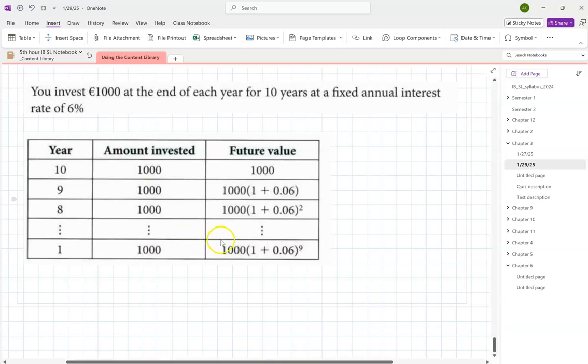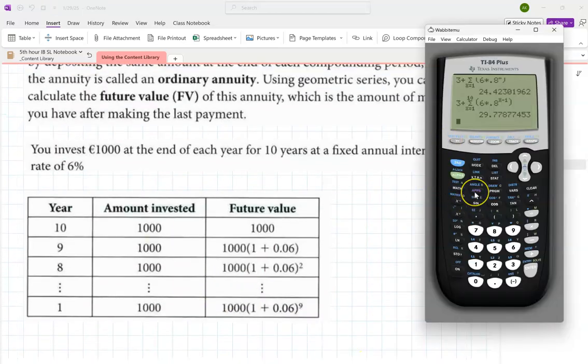The best way to do these types of problems is using the Finance app on your calculator. So if you go to the apps button there, the purple one in the middle, you should have an app that says Finance. And you guys will be using the TVM solver.